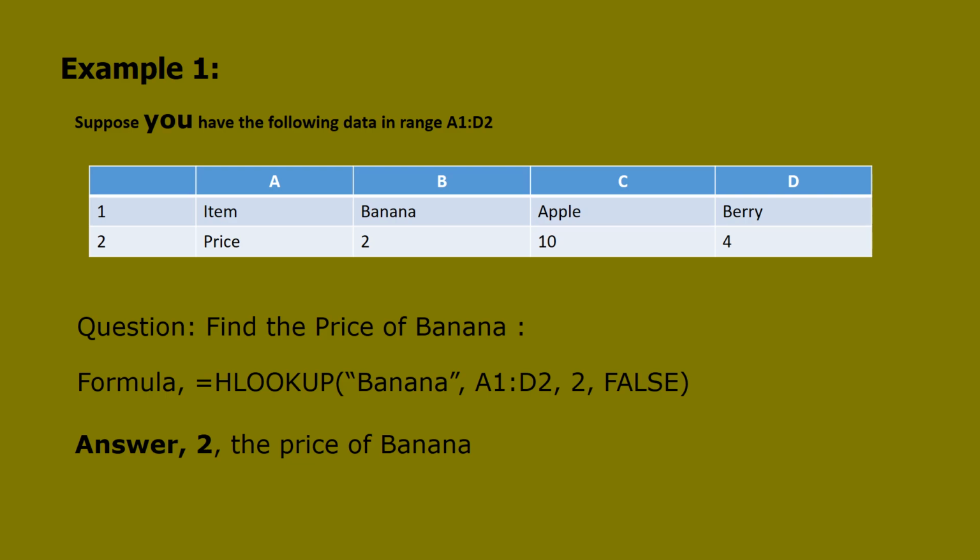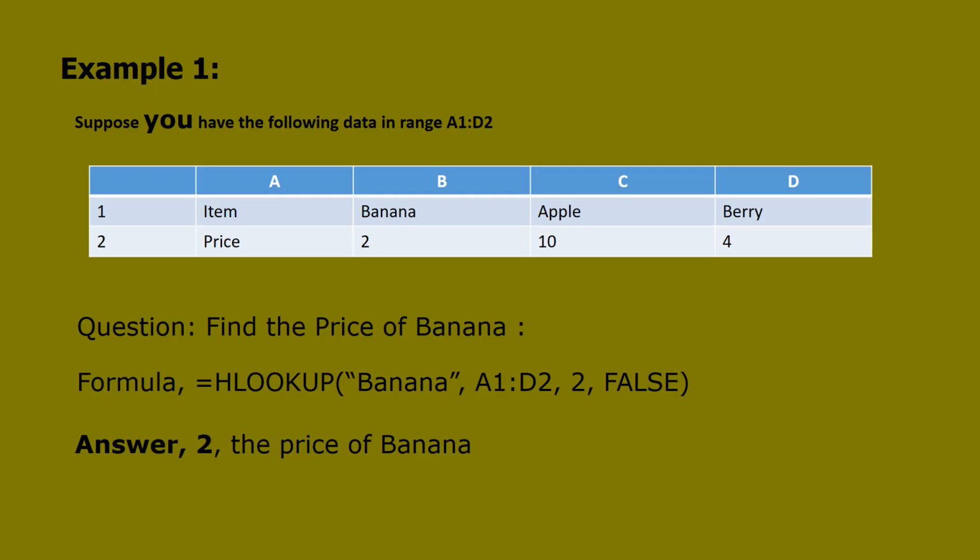Then you have to write HLOOKUP function for this. Equal HLOOKUP within bracket. You need to find the price of banana, then you have to write within bracket banana, or instead of that you can write B1.